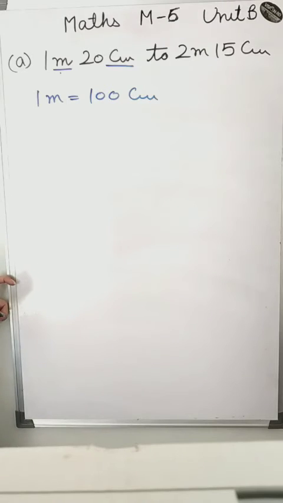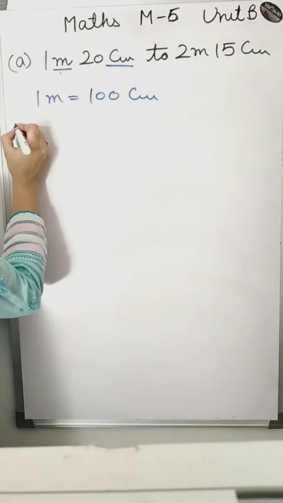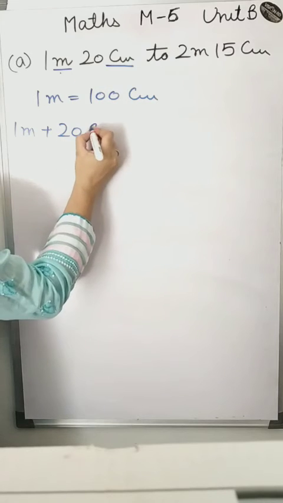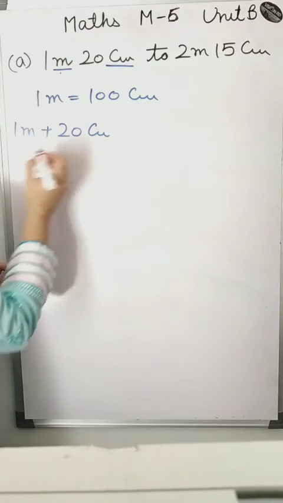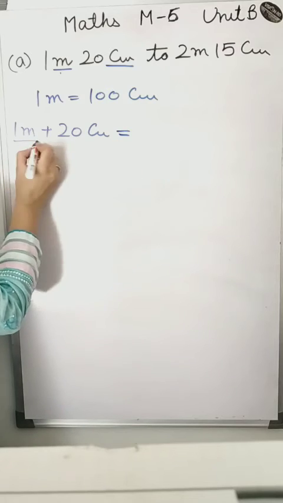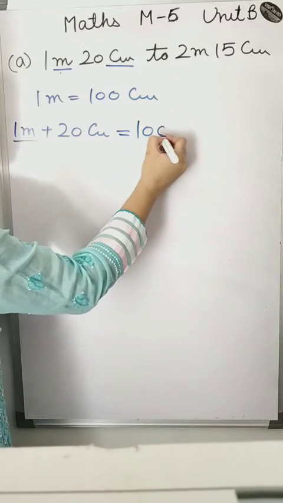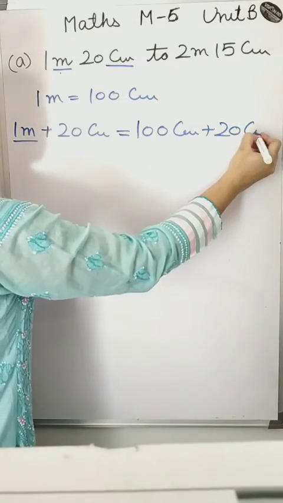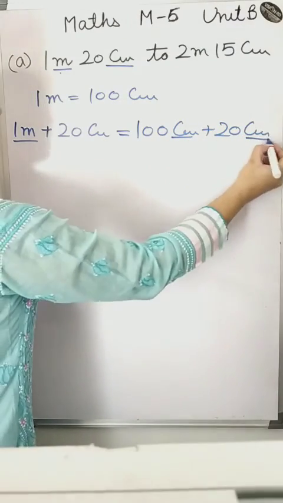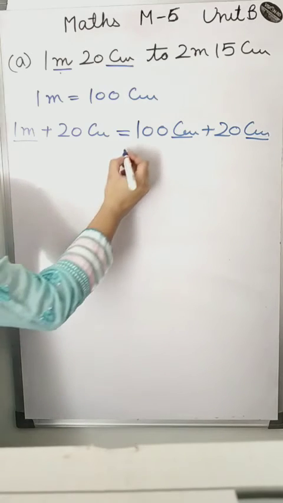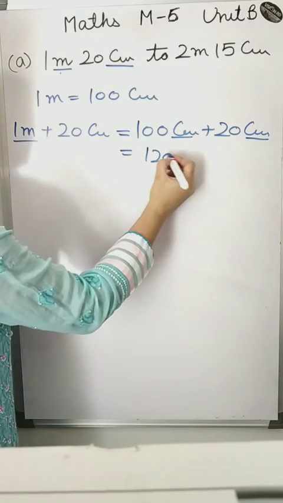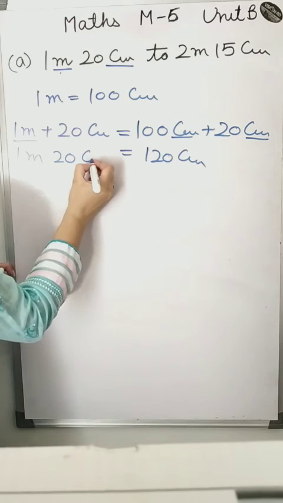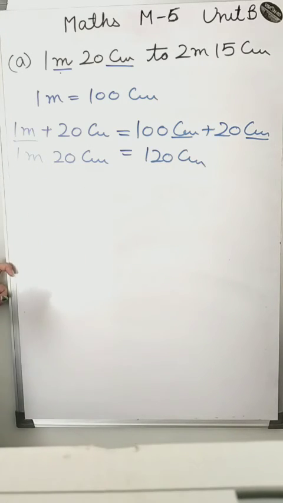So 1 meter plus 20 centimeter is 100 centimeter plus 20 centimeter. Now they are both in the same unit, so we can add them. It is equivalent to 120 centimeter.